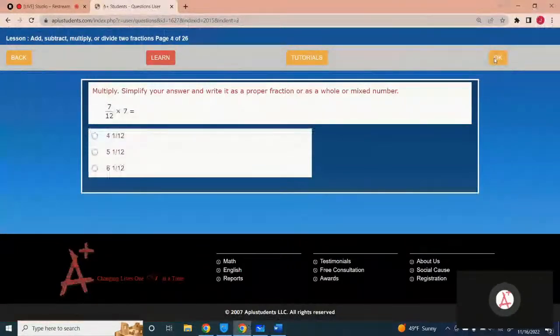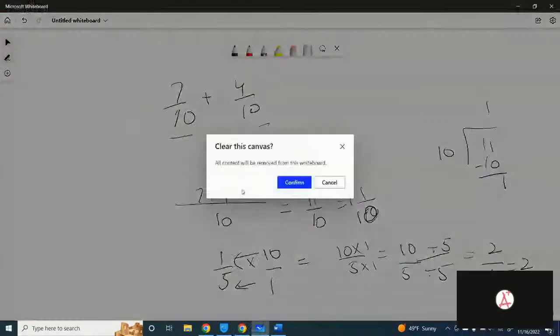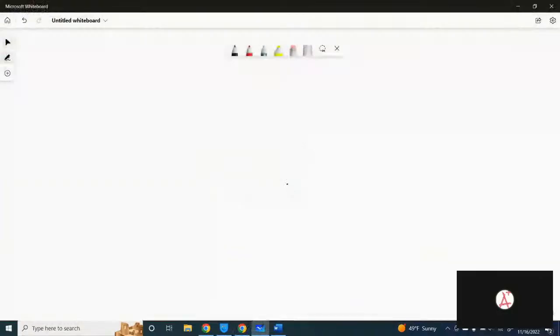Okay, the next one is 7 by 12 times 7. 7 over 12 times 7. So 7 doesn't have any denominator. That means its denominator is 1. Got it? So multiplying fractions is very easy. Just do numerator times numerator and denominator times denominator.